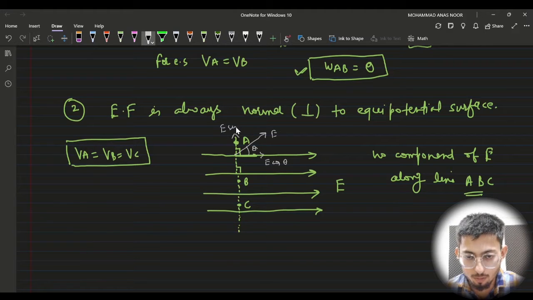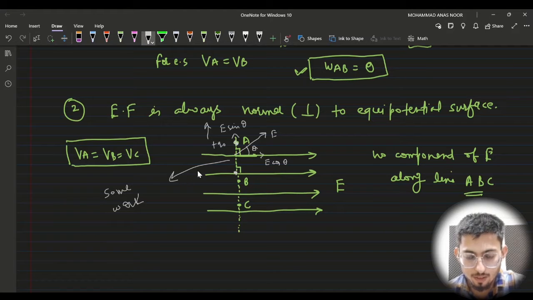Then there is some component of electric field in the direction of the equipotential surface. So whenever there is some component of electric field in this direction, if you want to move a charge from A to B, since this electric field is acting in this direction, it would act a force on the charge in this direction. And if you want to move it from A to B, you would need to do some work against this force, isn't it?